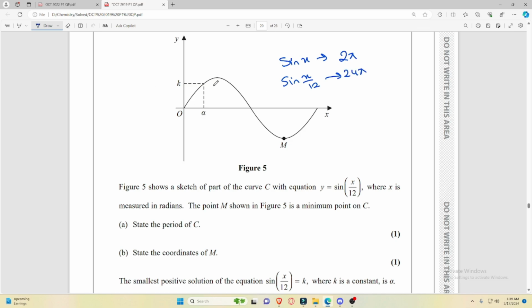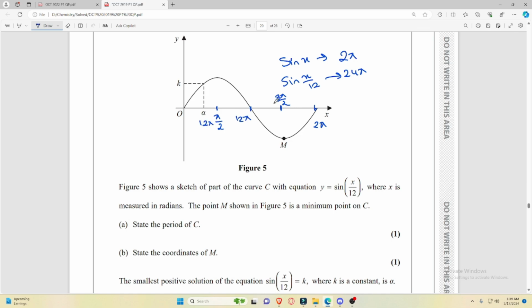Another way someone can do is, normally in here it is pi by 2, in here it is pi, in here it is 3 pi by 2, and in here it is 2 pi. Normally this would happen for y equal to sine x, but it is sine x by 12, so everything will be multiplied with 12.